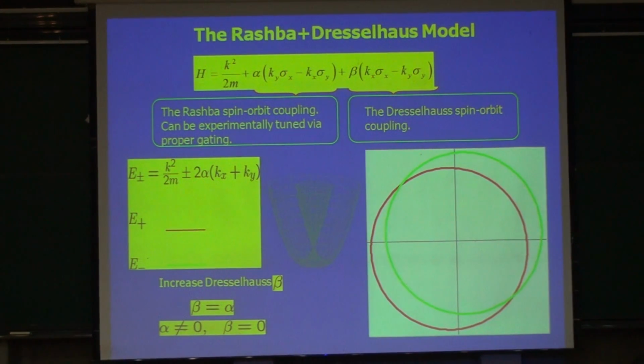You can remap the whole thing into a free-electron-like system with SU(2) symmetry.